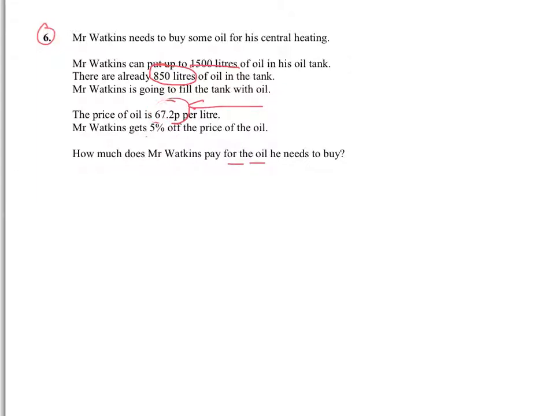But in this case, what we're talking about is if you bought 2 litres of oil, it would cost twice as much as 67.2, and if you bought 6 litres of oil, it would cost more than that. So imagine if you bought 10 litres of oil, then that would be 672 pence, or in other words, £6.72. Okay, so sometimes you can have a litre of oil costing not a whole number of pennies, but 67 pennies and a little bit more.